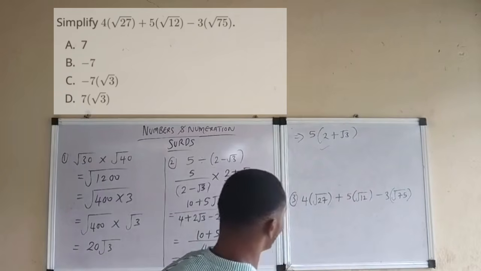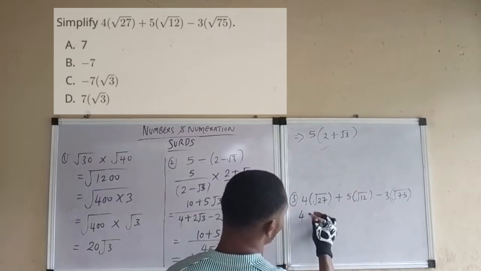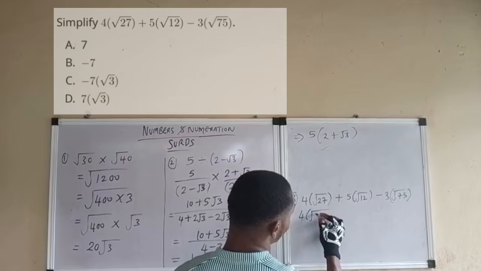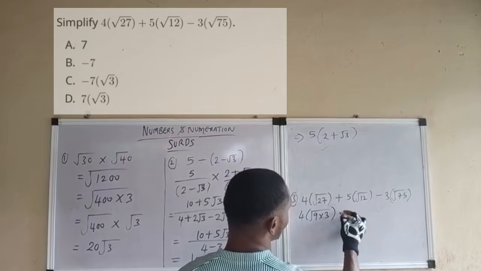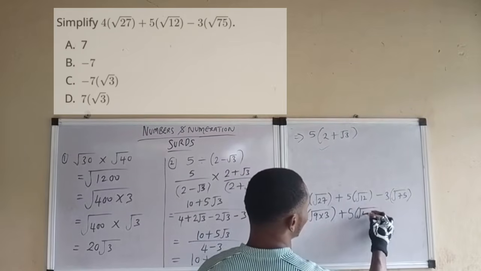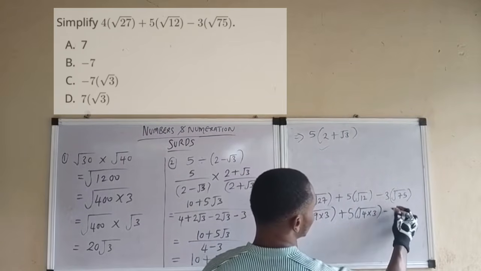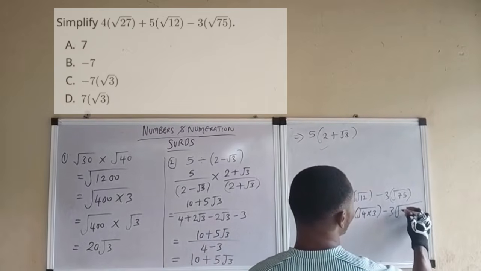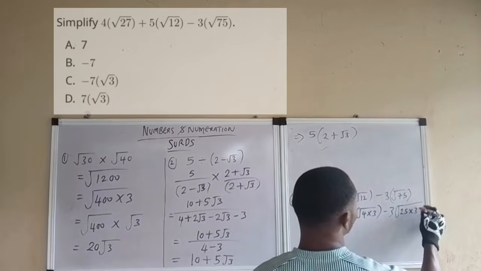All right. So let's simplify further. We have 4, open bracket, this is 9 times 3. All right. Plus 5, open bracket, this is 4 times 3, minus 3, all right, open brackets, the square root of 25 times 3.